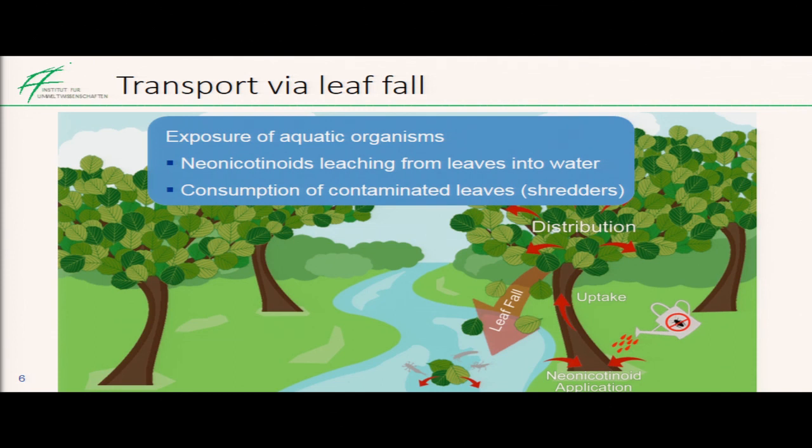One is, of course, that these neonicotinoids can simply leach out from the leaf material into the aquatic environment and induce a waterborne exposure pathway, just as we would assume when spraying these substances on agricultural fields, right? The other thing is that the shredders are feeding on this leaf material, so they potentially take up the contaminants together with it, and that might induce some effects.